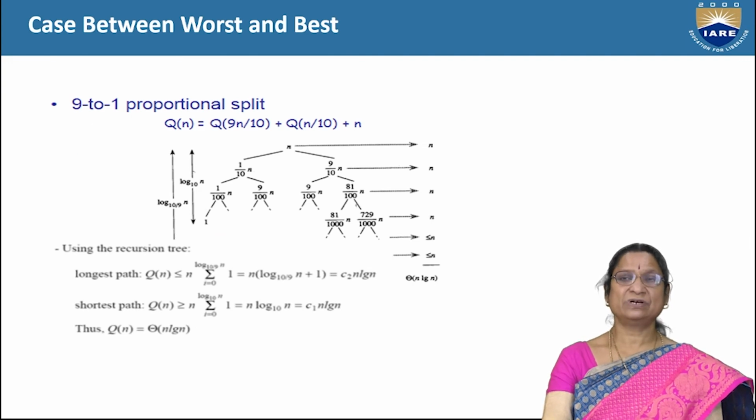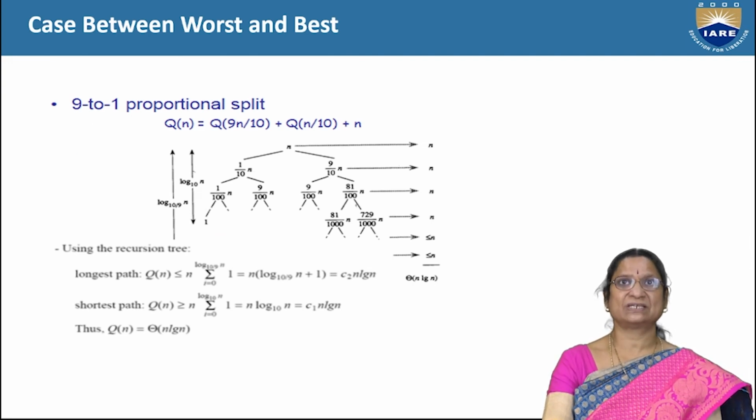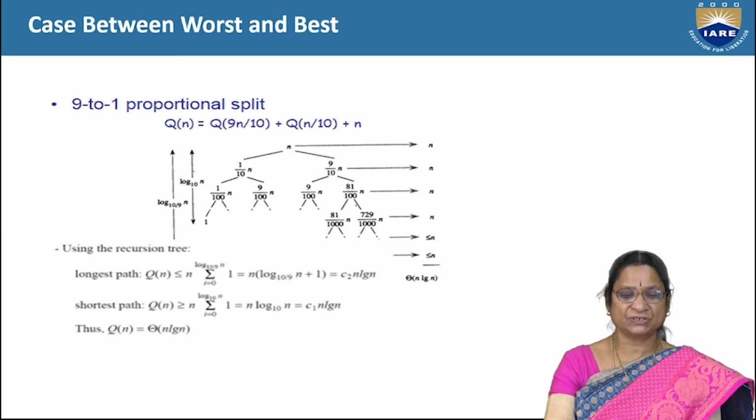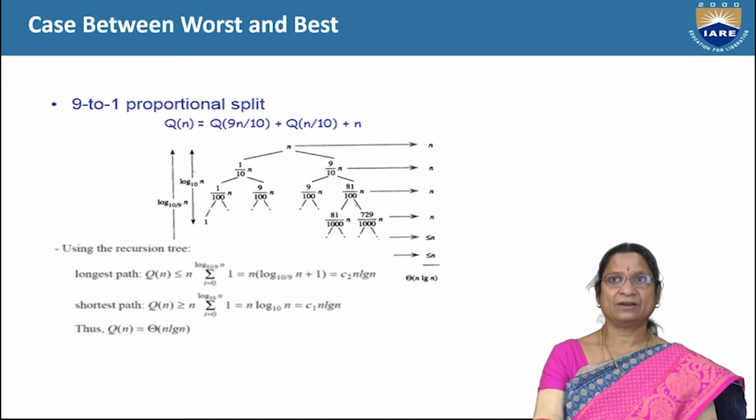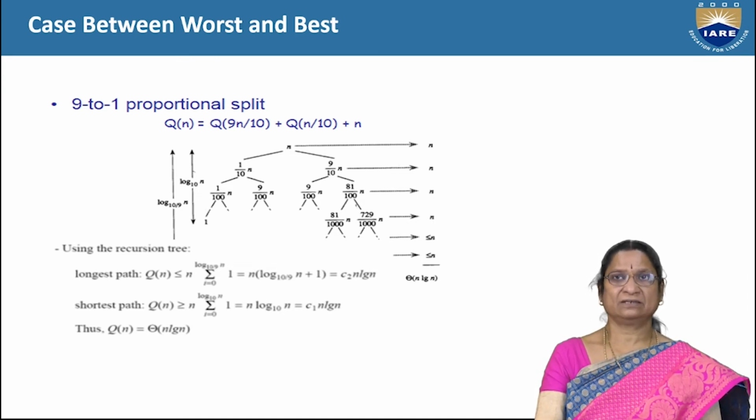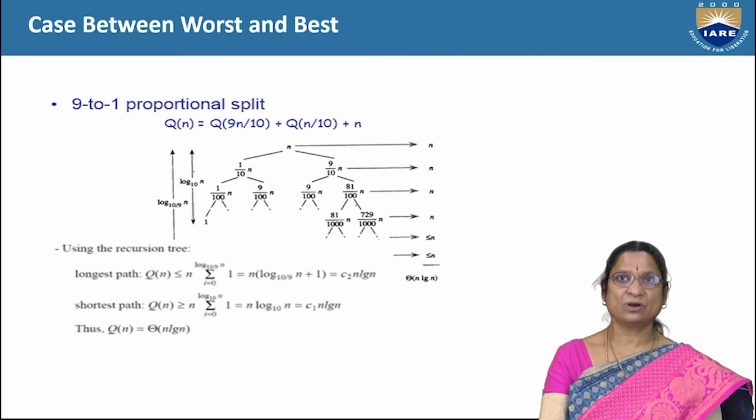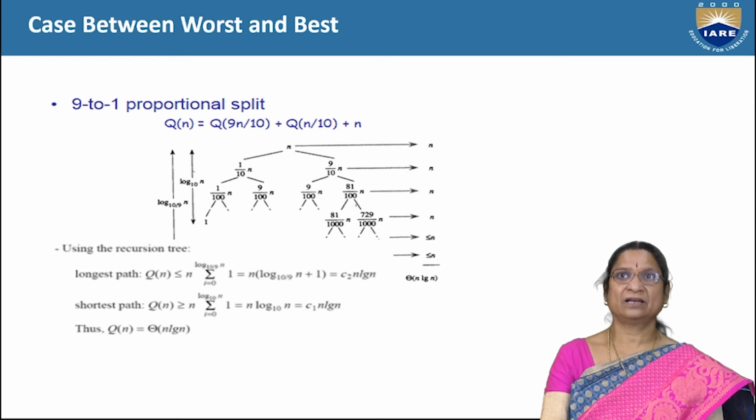In between these two, worst case and best case, is the average case. The average case is going to be a 9 to 1 proportional split. 9 to 1 means 9 parts in one place and 1 part in the other place. Now you observe here Q of n is equal to Q of 9n by 10 plus Q of n by 10.